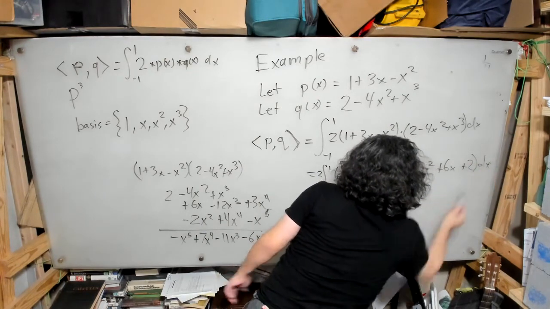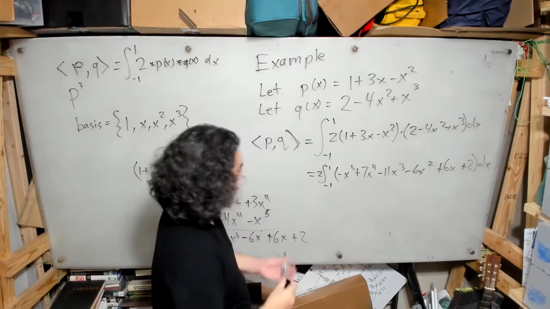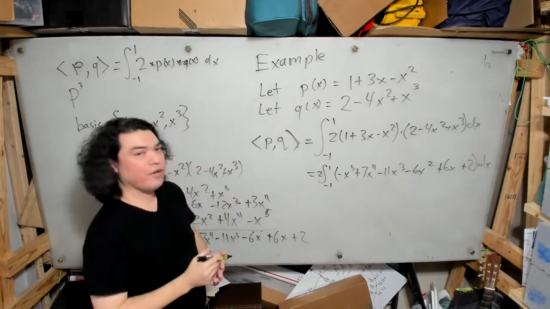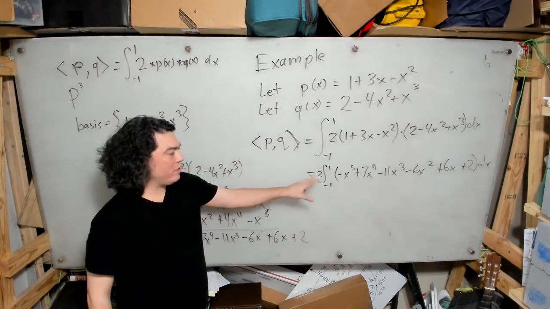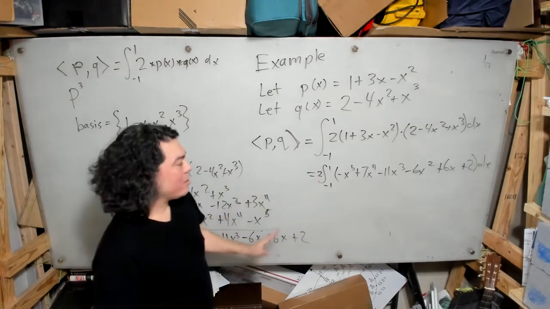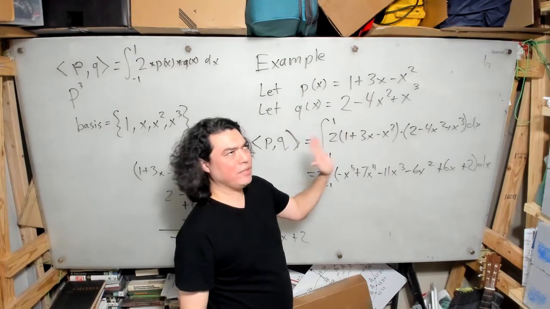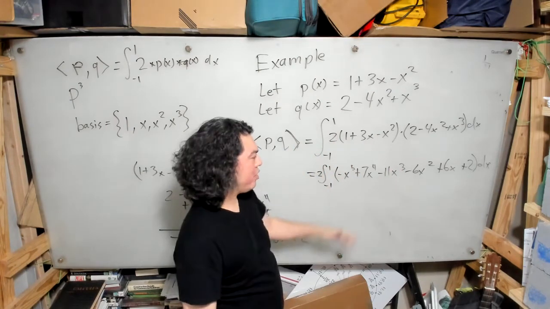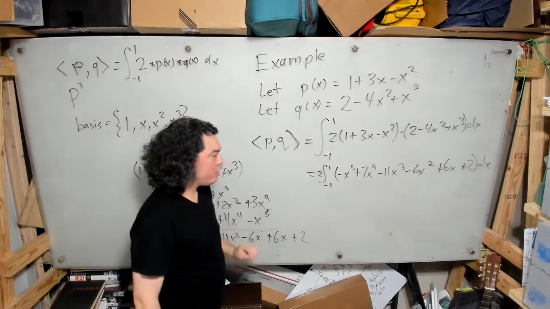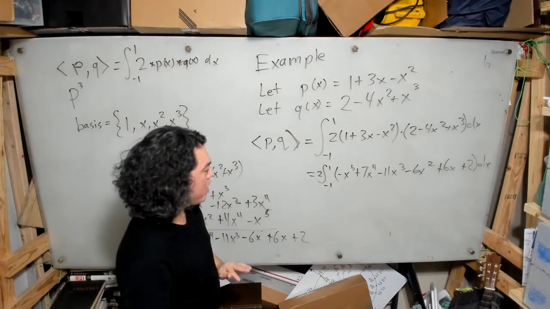Now, because the boundaries of the integral are symmetric, I could zero out all the ones that are odd, keep all the ones that are even, and do some integration tricks like that, but we're not going to do that.